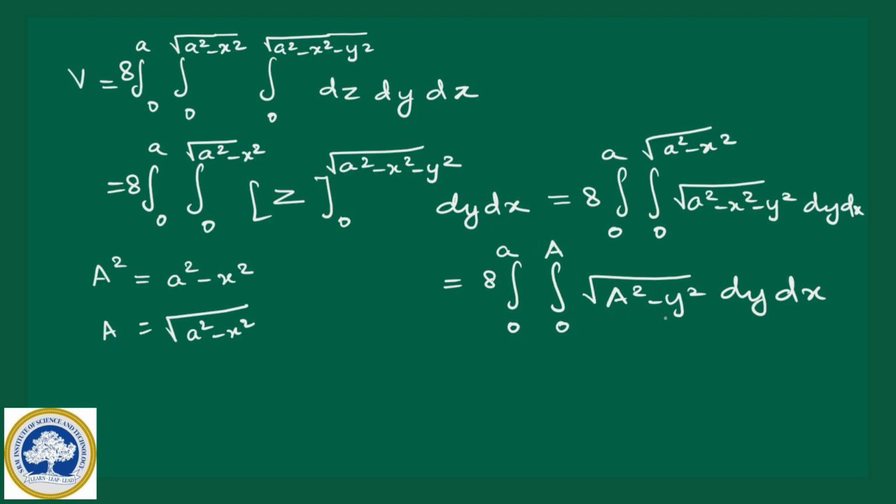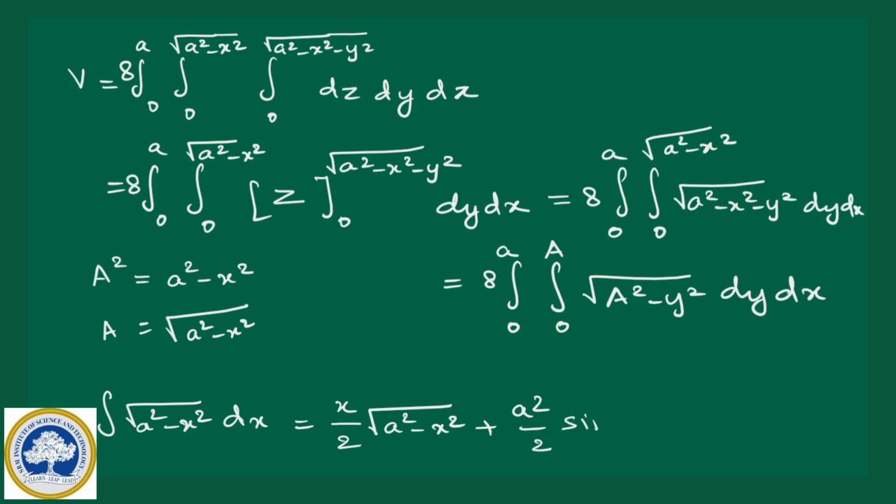Now we know the formula for the integral of root of a square minus x square dx. That formula is: the integral of root of a square minus x square dx is equal to x by 2 into root of a square minus x square plus a square by 2 into sine inverse of x by a. We have to apply this formula here.